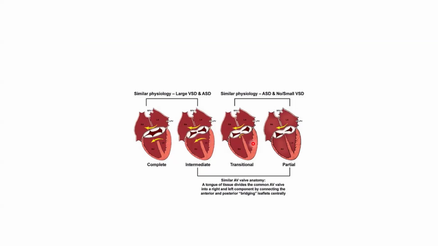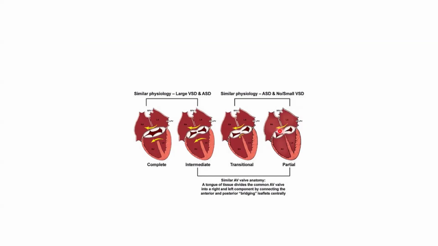Then there's a transitional one. You have two valves, but the shunt is predominantly at the atrial level, with a tiny ventricular component. So that's what you call transitional. Then finally, you have the primum one, which I spoke about earlier on, or the partial, where the defect is primarily a primum ASD.